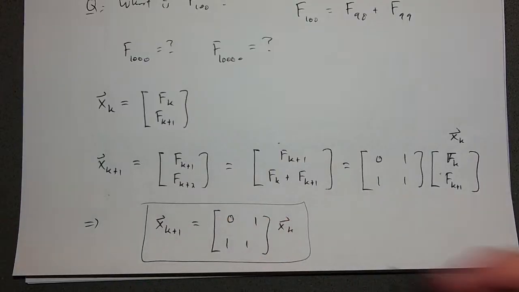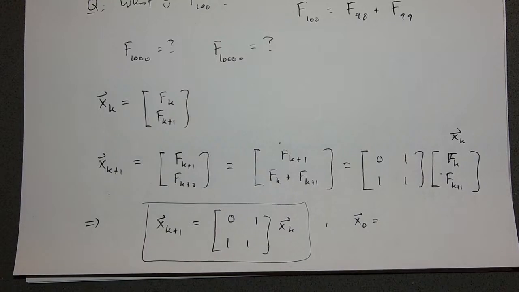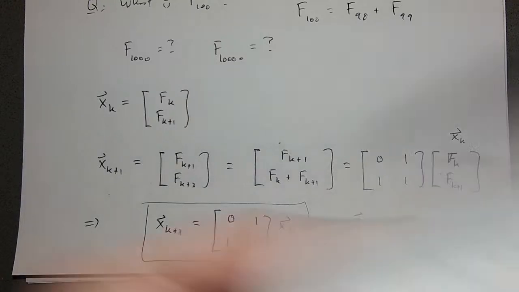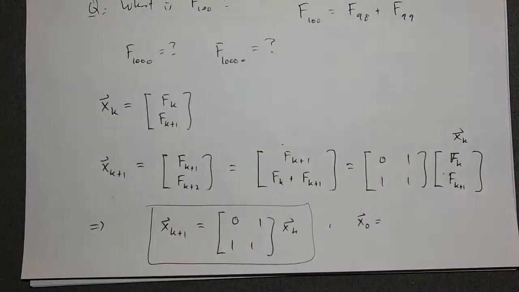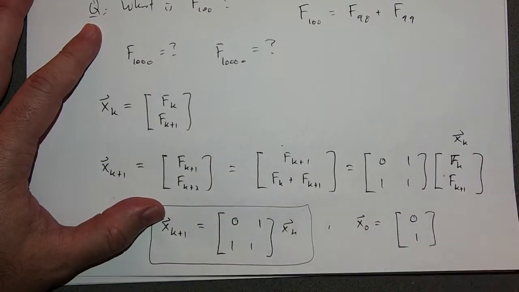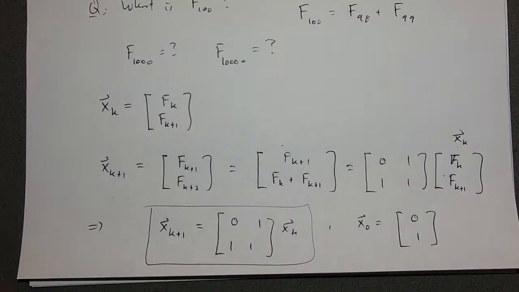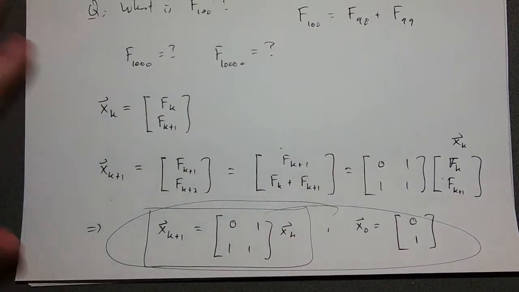And I actually have an initial vector. It's the vector that initializes the Fibonacci sequence. Hey, there it is, 0, 1. And so we have arrived at a discrete dynamical system from a recurrence relation. You can do this with other recurrence relations, not just the Fibonacci sequence.